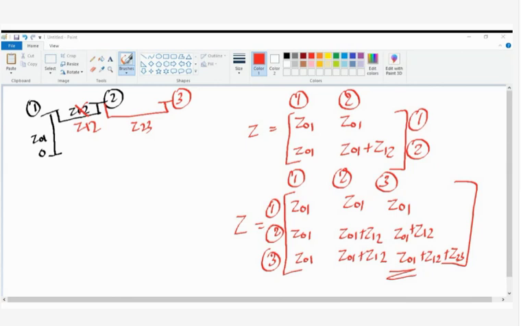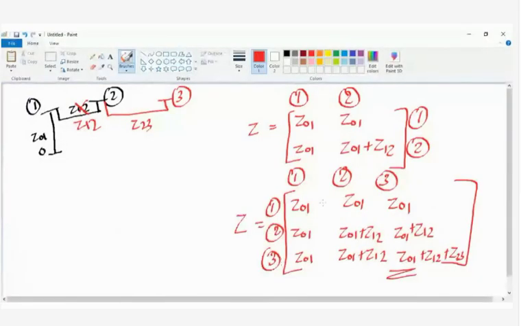What is the meaning of Z33? Anybody? Alright. I'll count to 3.